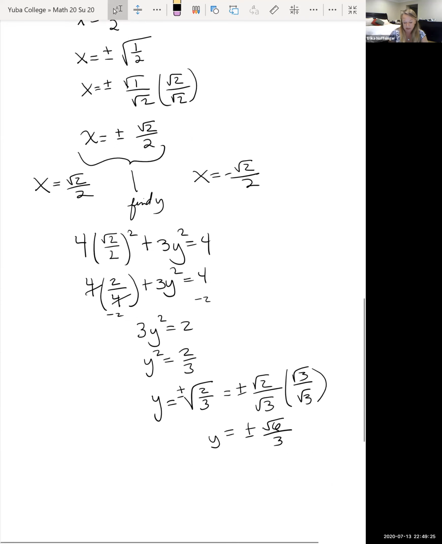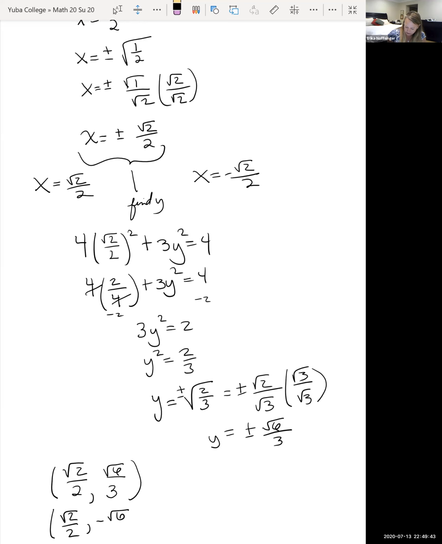Okay, so that means that I have a point at root 2 all over 2 for x and positive root 6 all over 3. I possibly have one at root 2 over 2 and a negative root 6 all over 3.